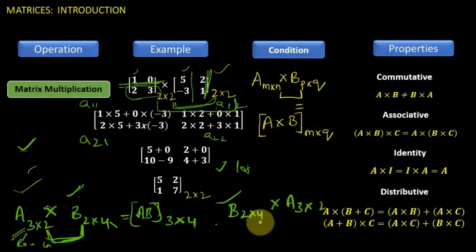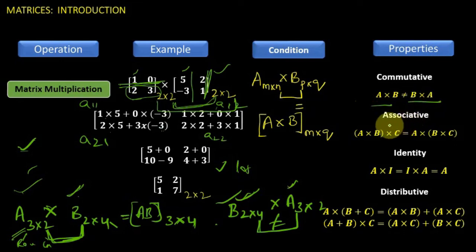See, first if you observe, the columns of the first matrix should equal the rows of the second matrix. Then only multiplication is possible. But here if you observe, it is not equal.